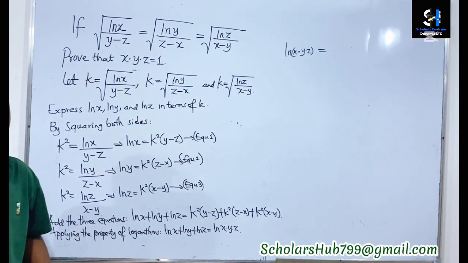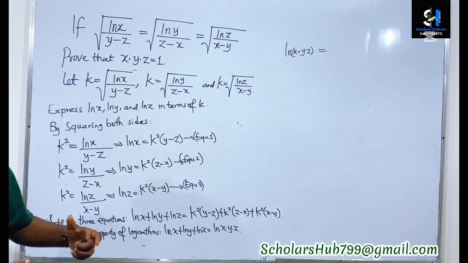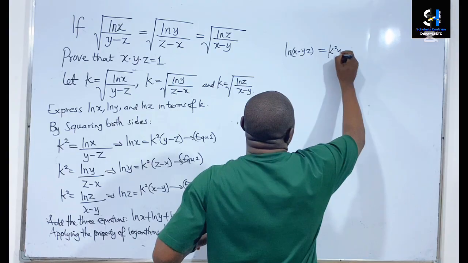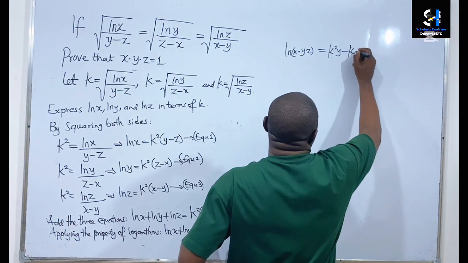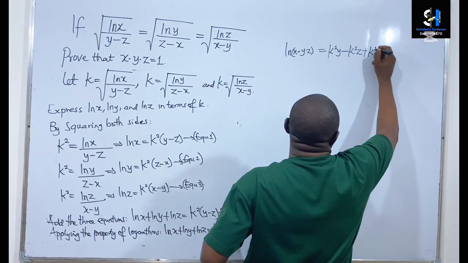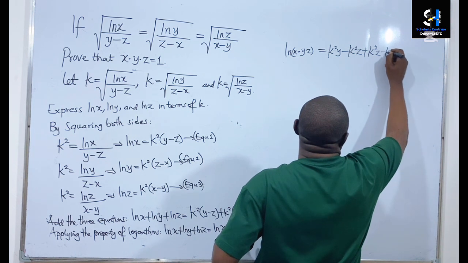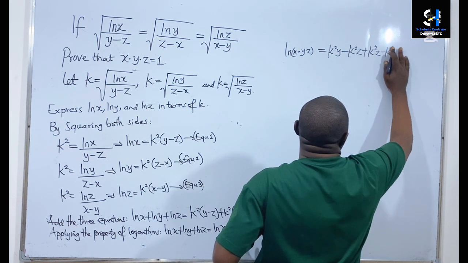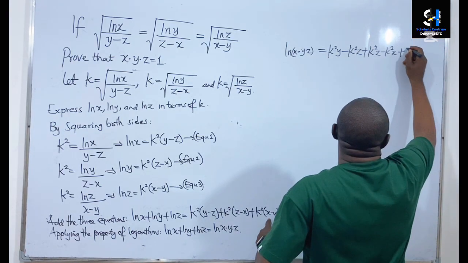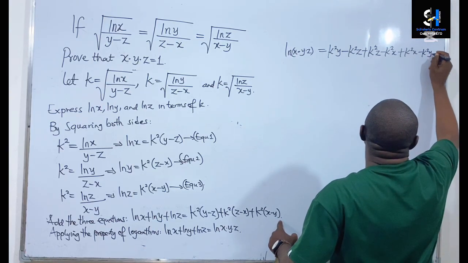So we can now remove the brackets, and then combine like terms. k squared times y is k squared y, then k squared times z is k squared z, then plus k squared times z again is k squared z. Then k squared times minus x is minus k squared x. Then here we have k squared times x, that is plus k squared x, and k squared times minus y is minus k squared y.